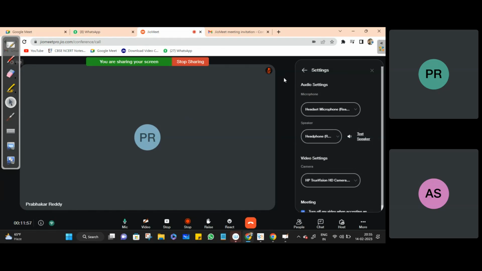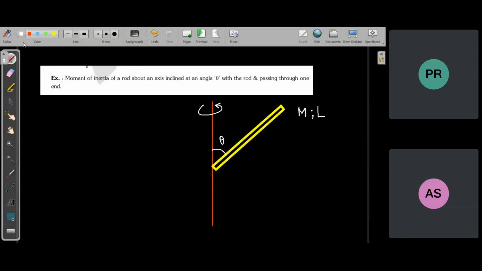Am I audible? Sir, instead of R, if you use R sin theta, because it's considered a small element. Okay, yeah. So then what is the final answer? Or you can just tell me the equation.